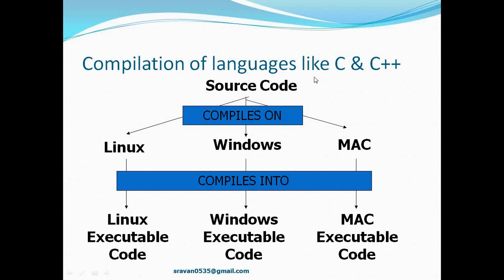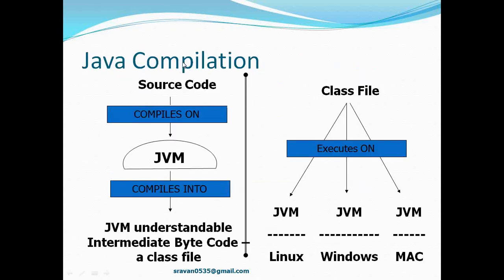Now when it comes to Java, the source code is written by me, and for compilation I take the help of the Java Virtual Machine. After compilation, it compiles into JVM-understandable intermediate bytecode, which we call a class file.